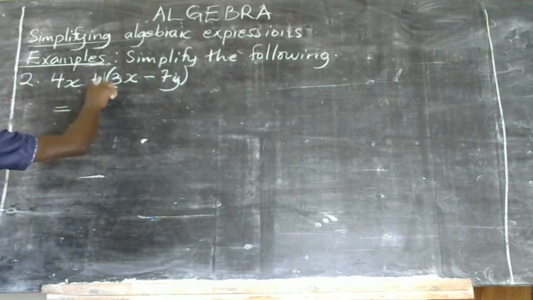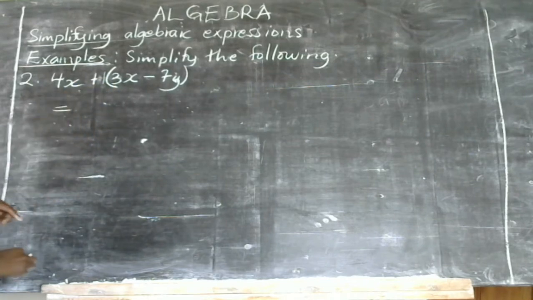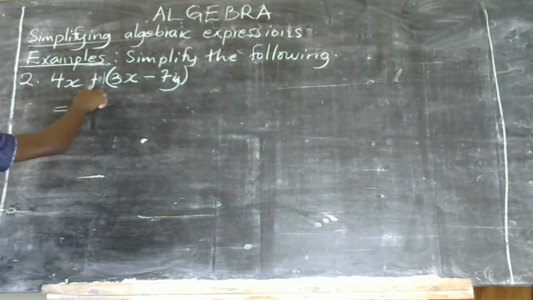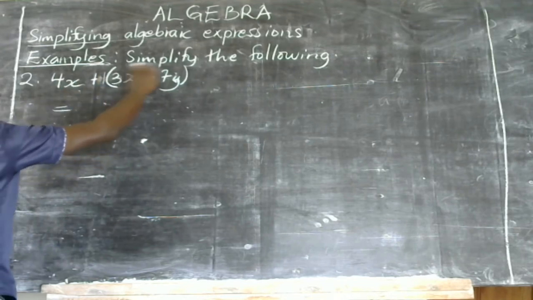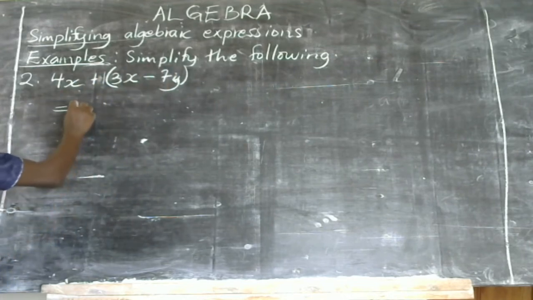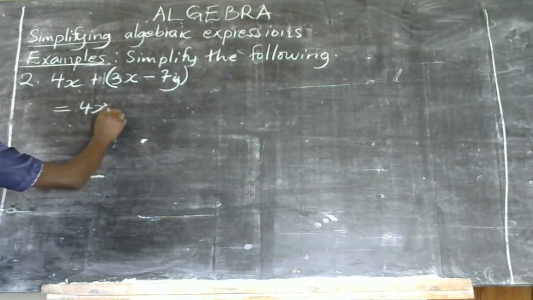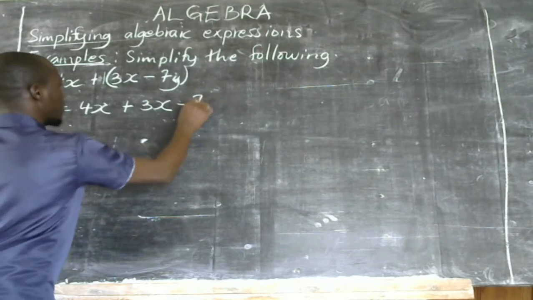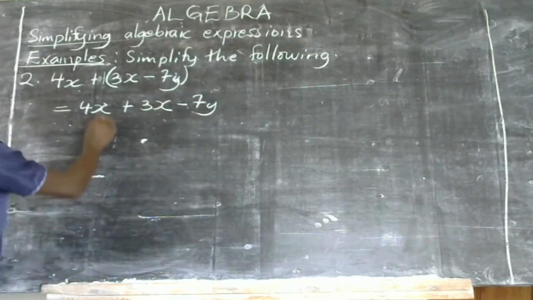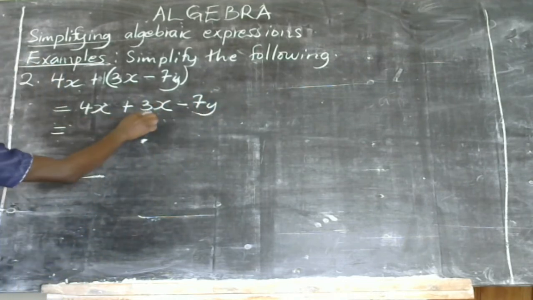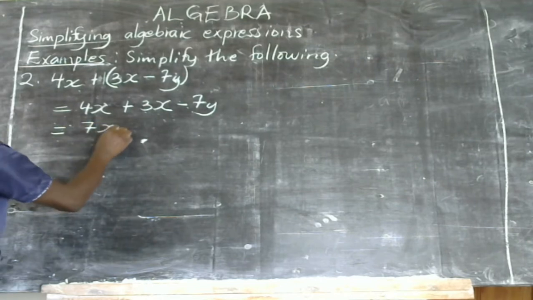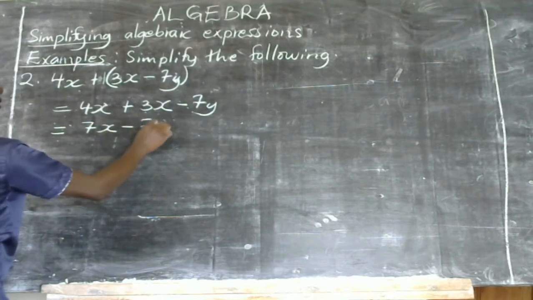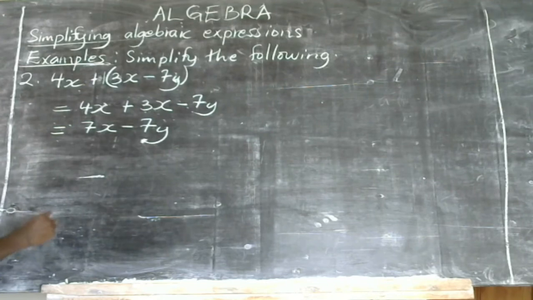Again, the coefficient 1 has a positive sign there. The positive does not affect what is inside the bracket. So this is going to be 4x plus 3x minus 7y. When I add the like terms, that's going to be 7x minus 7y.